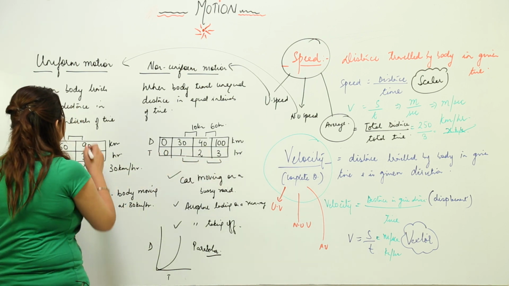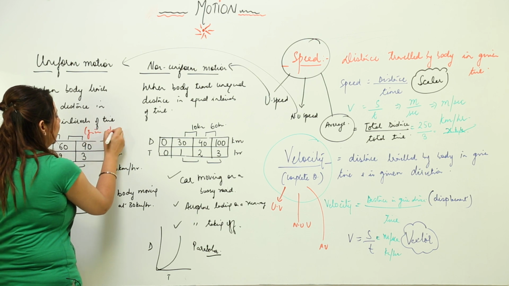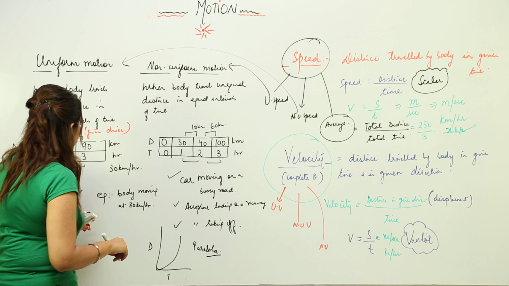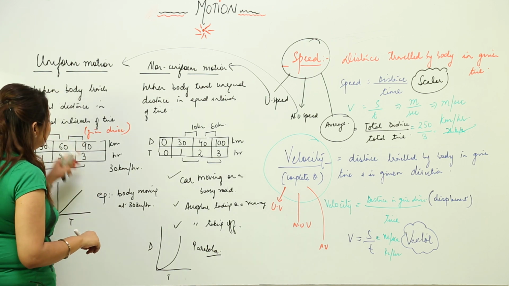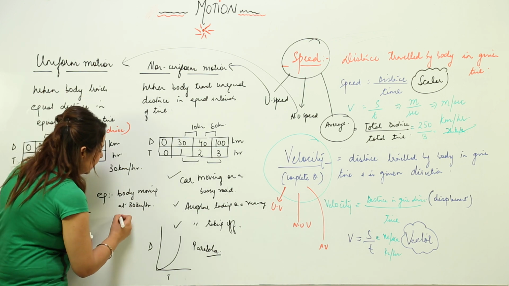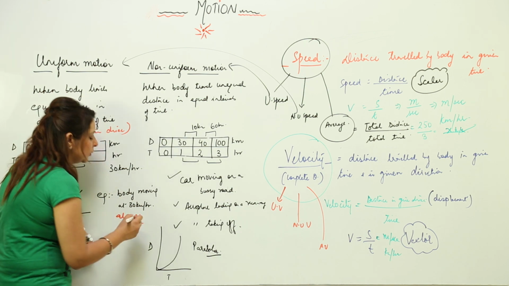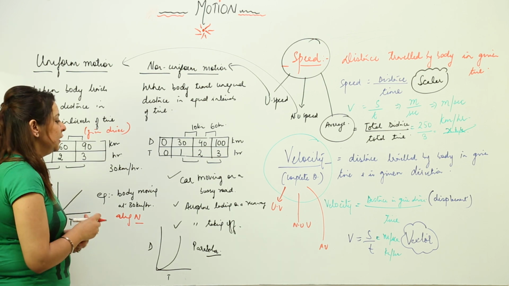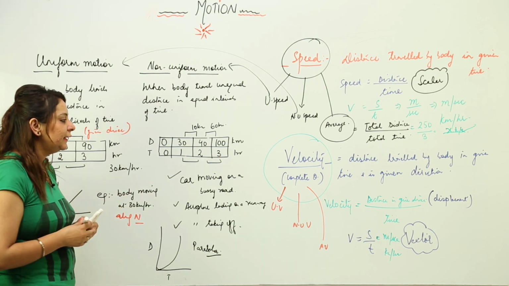So whenever you write "in given direction", it becomes uniform velocity, and the same in the non-uniform case. In the example also you need to specify the direction: a body moving at 30 km per hour along north, south, whatever you can write.